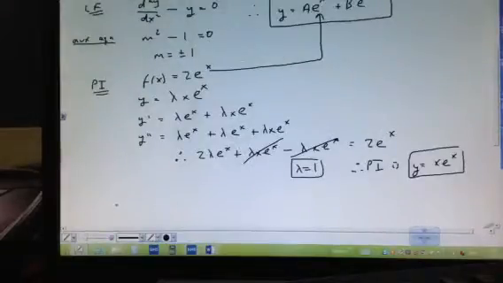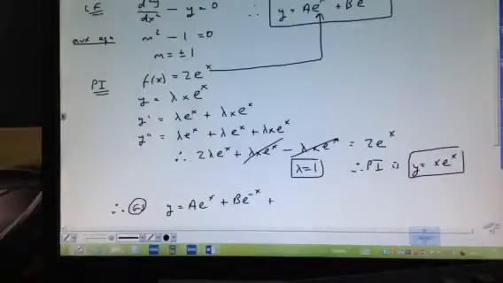So therefore the general solution is y is equal to a e to the x plus b e to the minus x plus x e to the x. Okay, and that is the general solution.